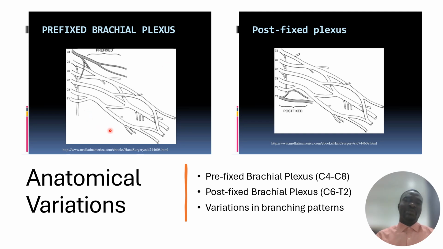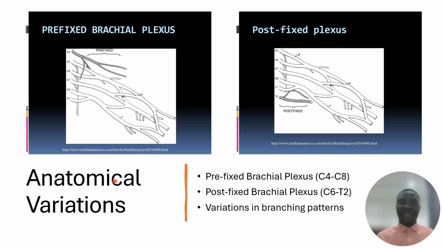Now, what do we mean by prefixed? For the fact that you have 5 roots stemming from C5 to T1, when there is a shift upwards from C5 moving up to C4, we are saying there are contributions from the fibers above that particular classical root of the brachial plexus. So we say they are prefixed brachial plexus.